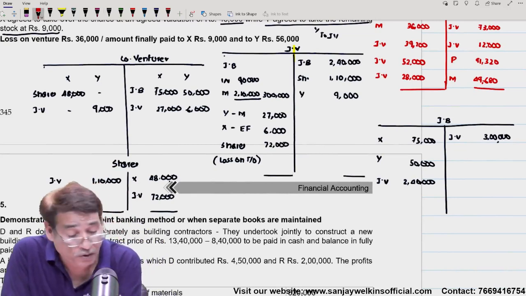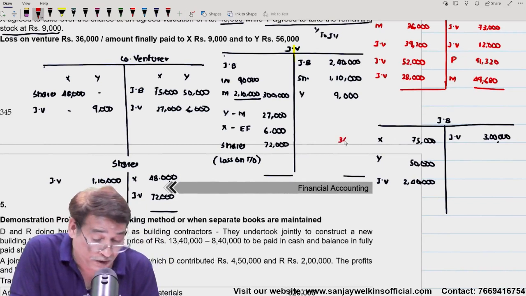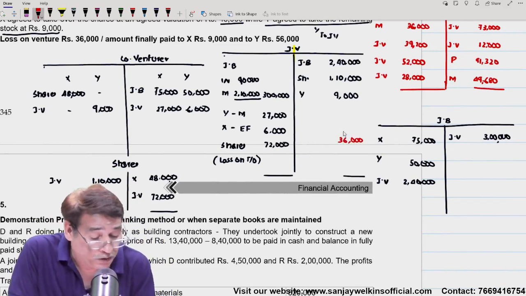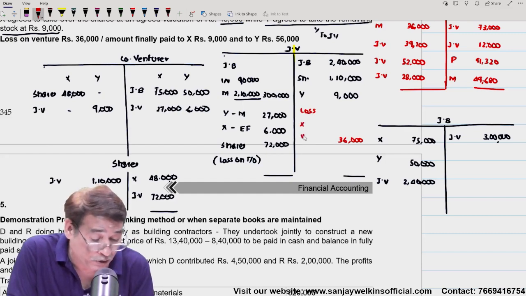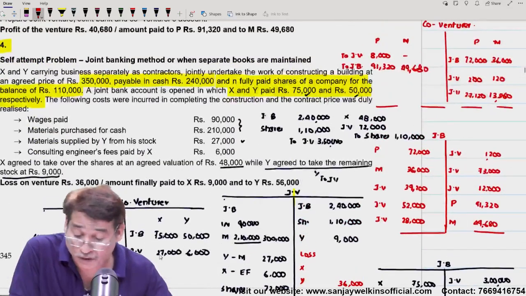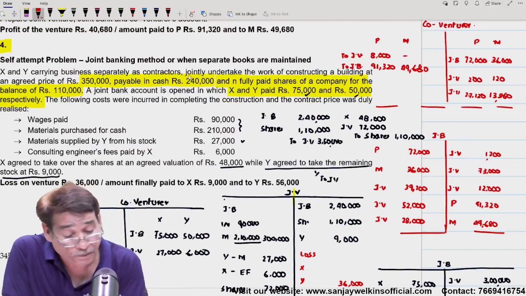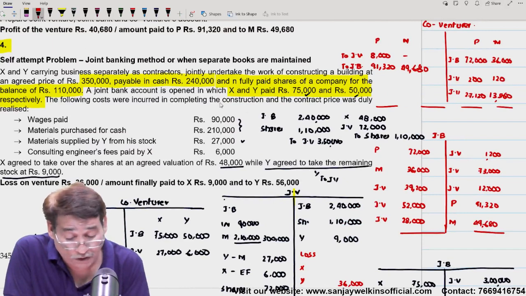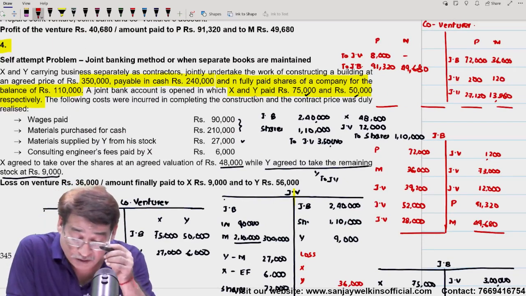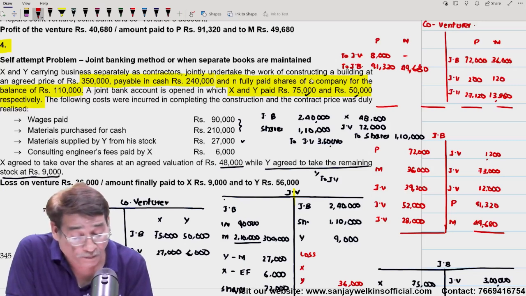After this, now you will have to just tally this account. When you tally this, you will find a loss of 36,000. This loss will be posted to X and Y in the ratio of, I think, 2:1, because it was given in the question, I think. Was it given in the question? I think it is not given in the question regarding their share of loss. Right.